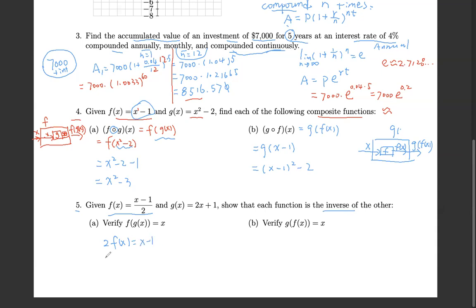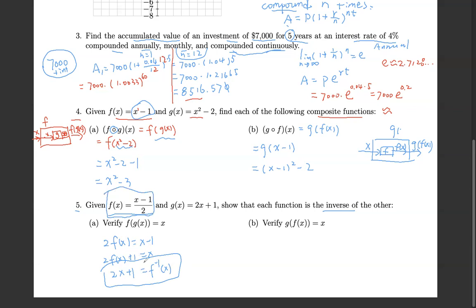Then we plus 1 on both sides. So we have 2f of x plus 1 equals x. Then we switch. We call this x f inverse of x. Then we switch f of x as 2x plus 1. So this is the inverse function of this f.